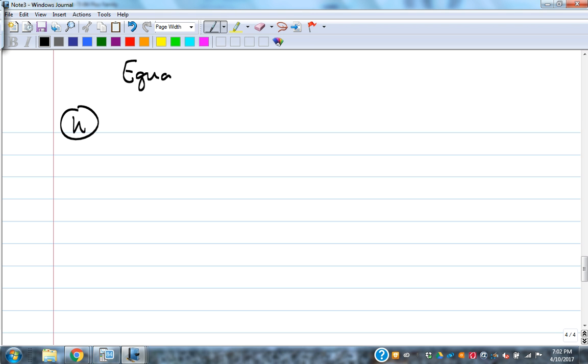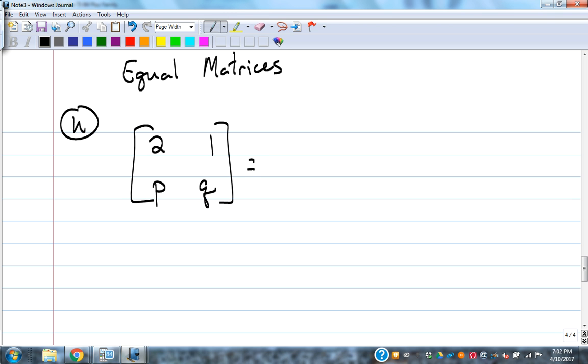All right, let's move on to something else called equal matrices. If two matrices are equal to each other, then that means their corresponding parts are equal to one another. So if I ask you to find x for this problem, what should x equal?